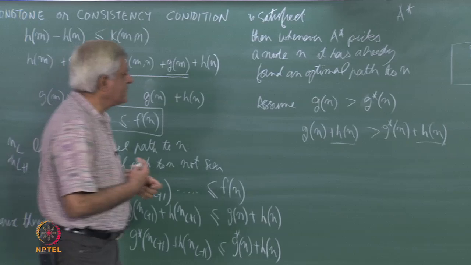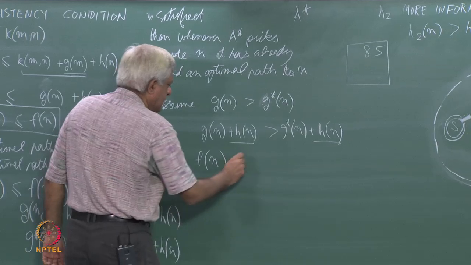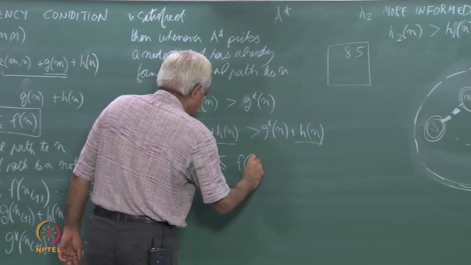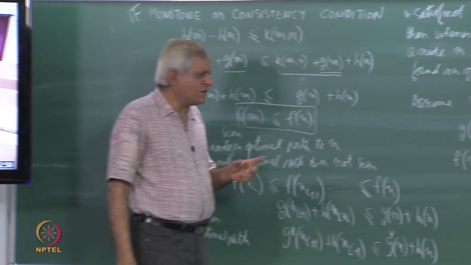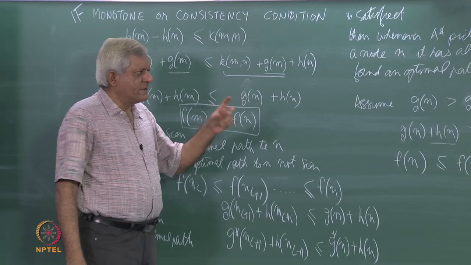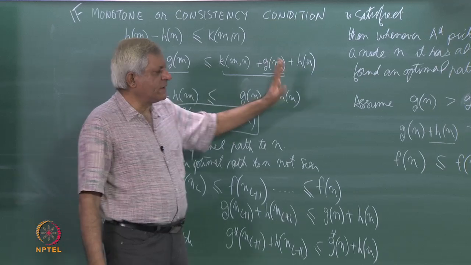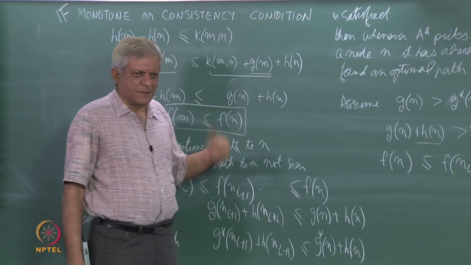What is really important is that f of n is less than or equal to f of n L plus 1. Why? Because we have said that A star is about to expand this node n, and this whole property we want to say is that when it is about to expand n, it must have found an optimal path to it.